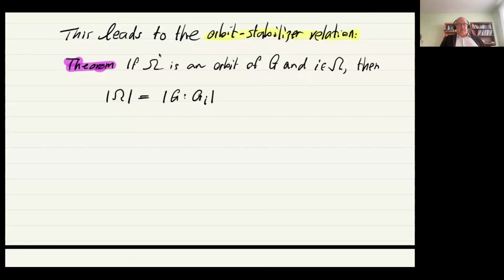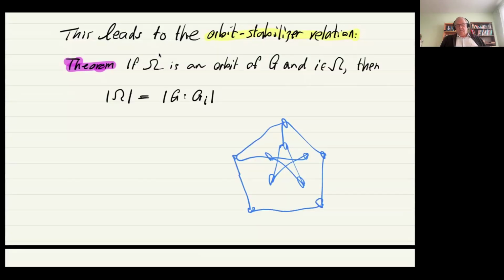And so to give my common example, if I take the Petersen graph, any automorphism of the Petersen graph moves the vertices around, moves the edges around.